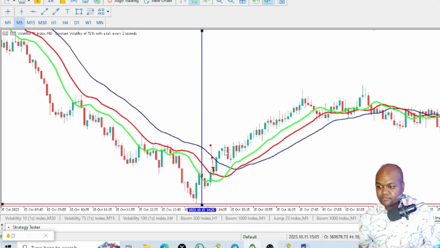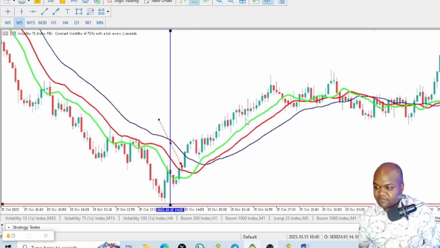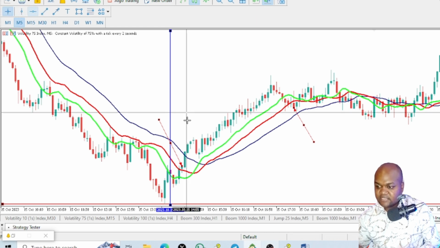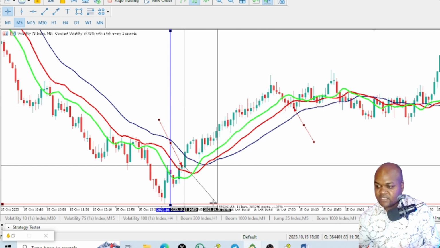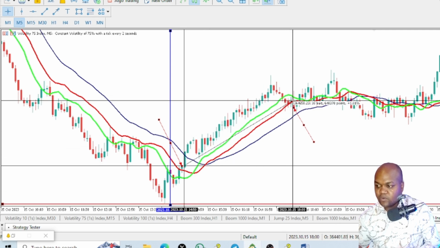And then we hold the trade as long as price is above the red line. If a candle closes below the red line, like what took place here, we're going to exit. So for this example, we're going to enter here and then exit here. Our stop loss was here, so we can see we have a good risk to reward ratio.